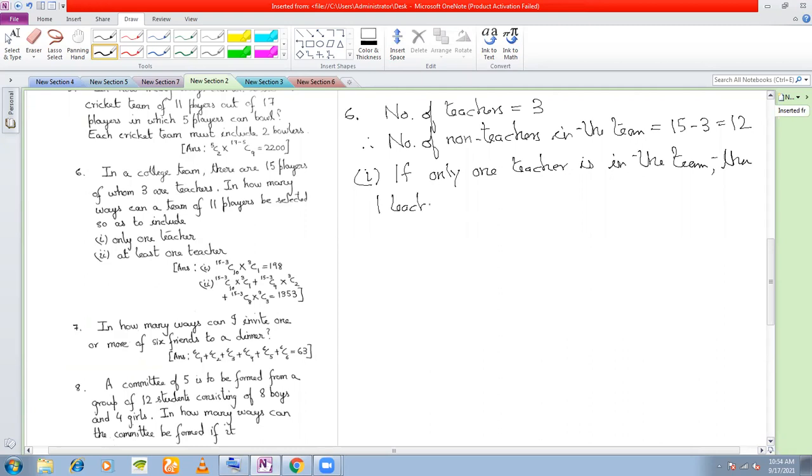One teacher can be selected out of 3 in 3C1 ways.